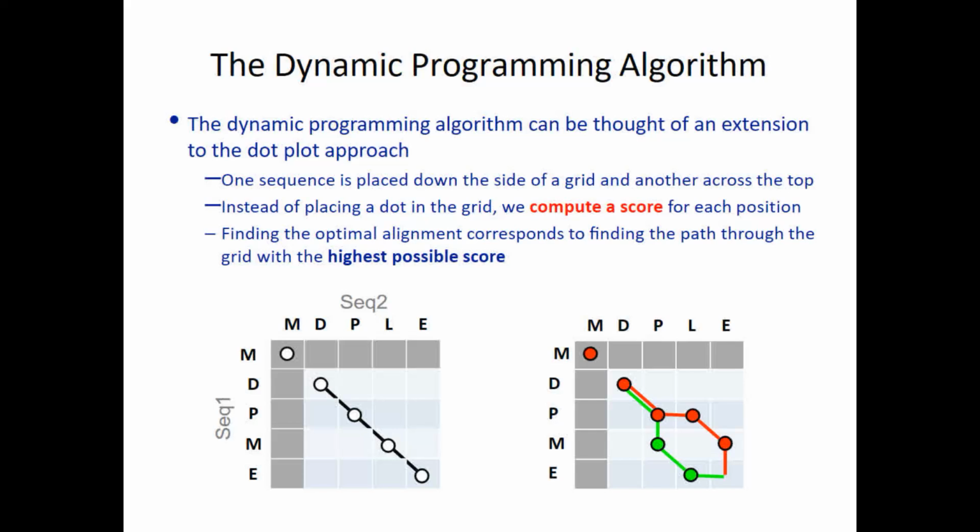It is similar to the dot plot approach. One sequence is placed in the column and another sequence is placed in the row. Instead of placing a dot in the grid, we compute a score for each position, and then we find the path through the grid with the highest possible score. That is the optimal alignment.